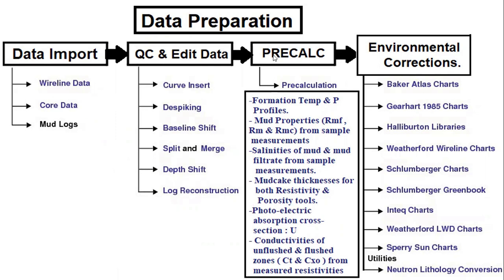And then the pre-calc, or pre-calculations, to estimate or generate formation temperature and pressure profiles, to fill the mud properties, the salinities of mud filtrate from sample measurements, mud cake thicknesses for porosity tools, photoelectric absorption cross section, and the conductivities of unflushed and flushed zones.